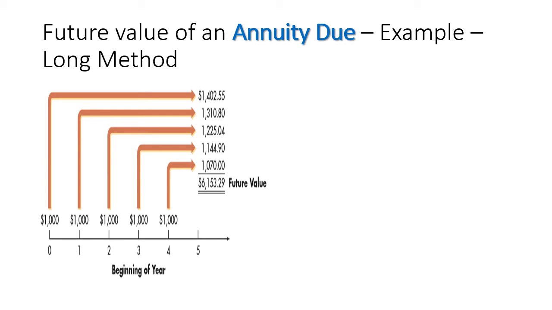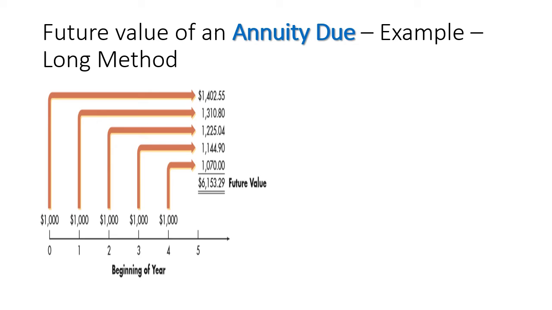So annuity due involves depositing the same amount at the beginning of each year. The beginning of year 1, which is the first interest period, is the same as the end of year 0, which is the current year.